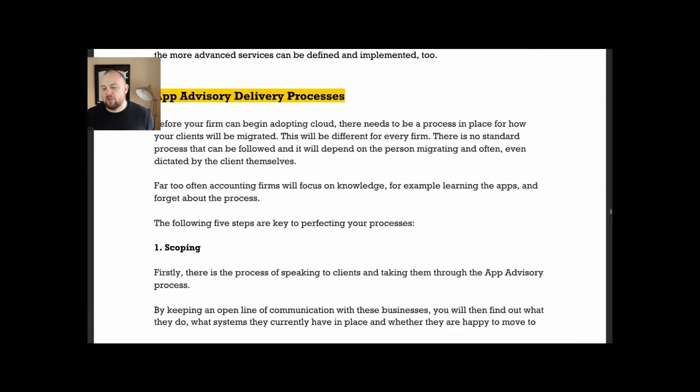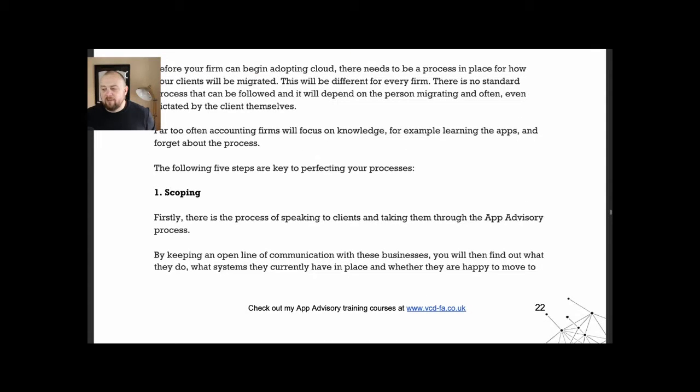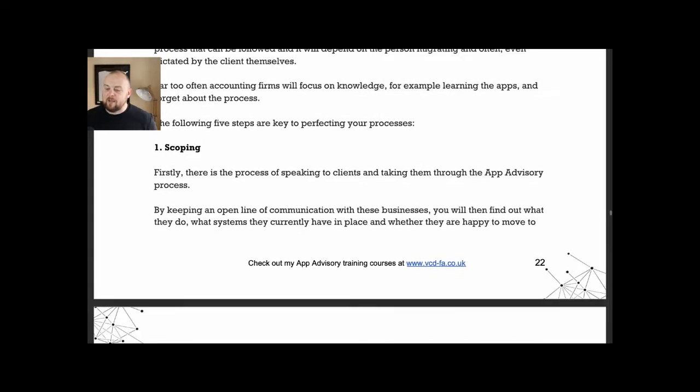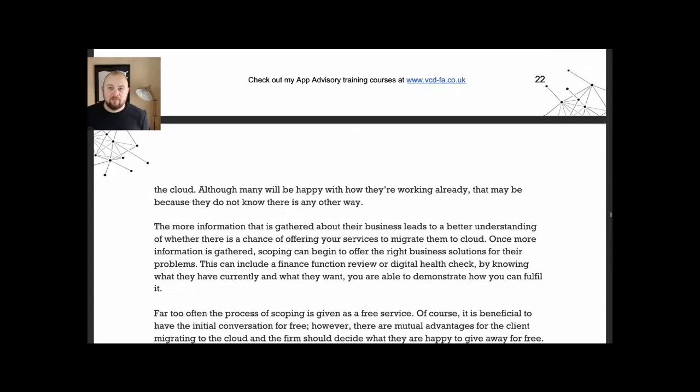So let's just have a chat here around scoping. We really need to understand what the clients need when they are going to move their finance function to the cloud, or where they're going to be understanding what their current digital finance function does and what more it needs to do. So we need to think about scoping. And when we're going through scoping, it's an information-based project.